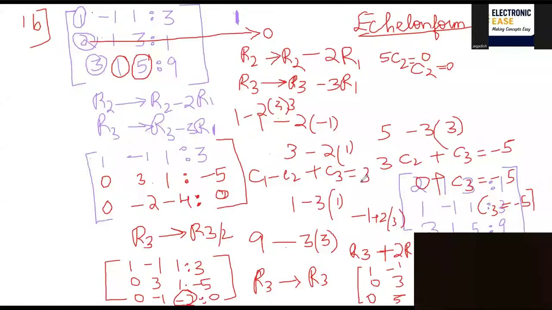So C2 I have got as 0, plus C3. C3 is minus 5. So C1 minus 5 is equal to 3. So what will I be getting? C1 value as 8. Substitute in that equation and you will be getting the final answer.